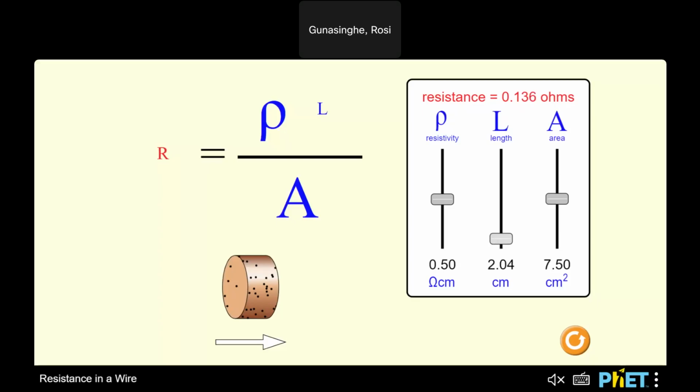That is my L. This is my R, 0.136. Now we have to go back to the lab handout and record it: 0.136 resistance at 2.04 centimeters.